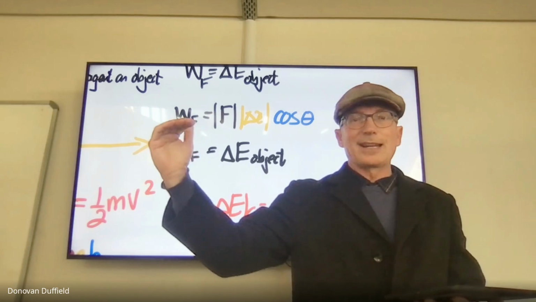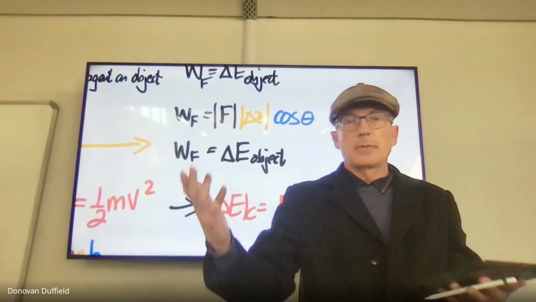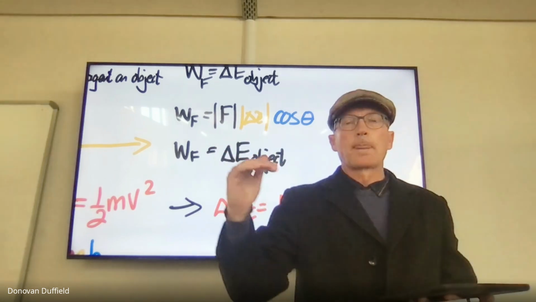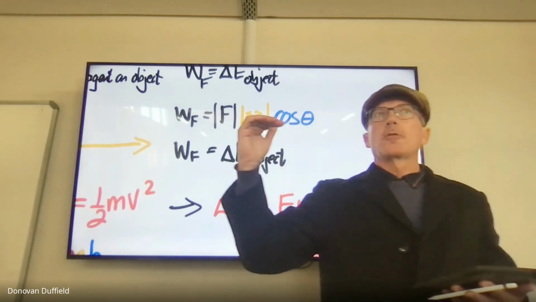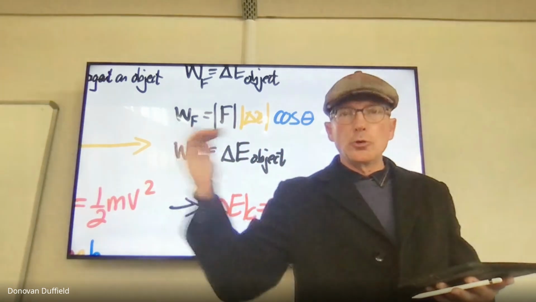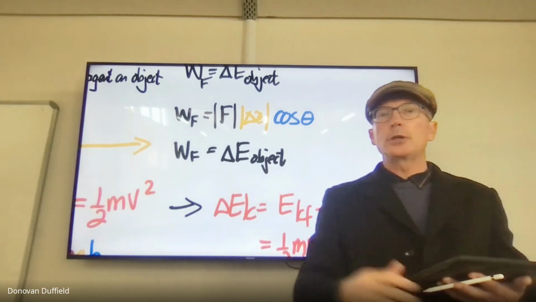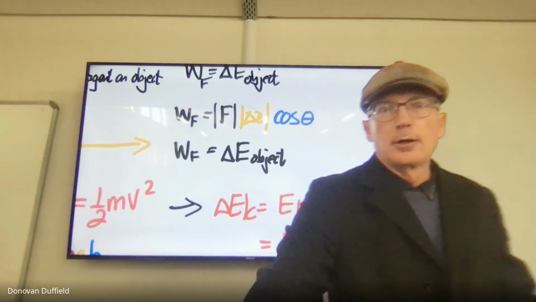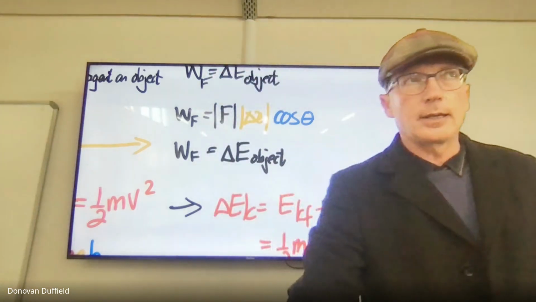If I'm pushing something at a constant velocity, there's no change in kinetic energy because there's no change in velocity. So often when we do work, we're changing one kind of energy, but not the other. We might be changing potential energy by lifting it like this, but not the kinetic energy.